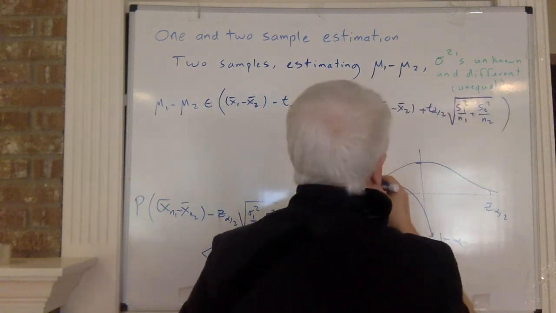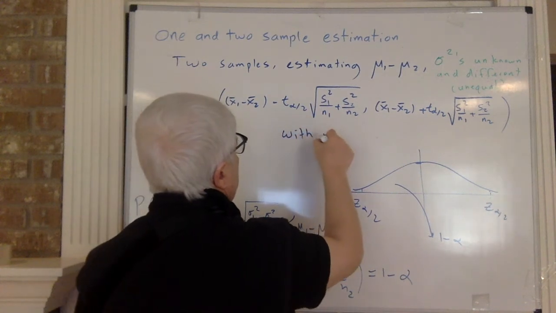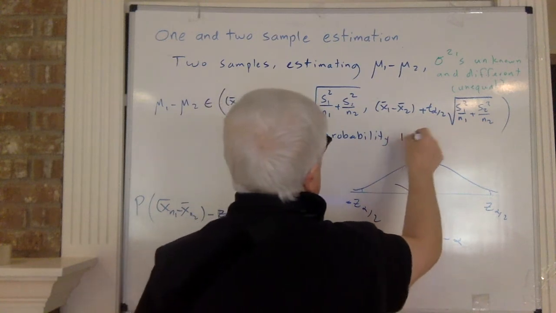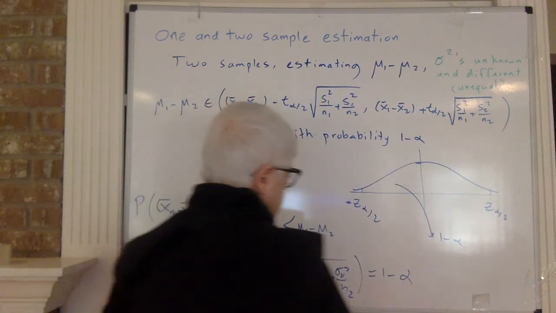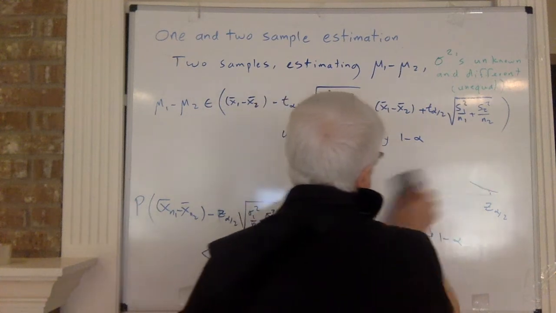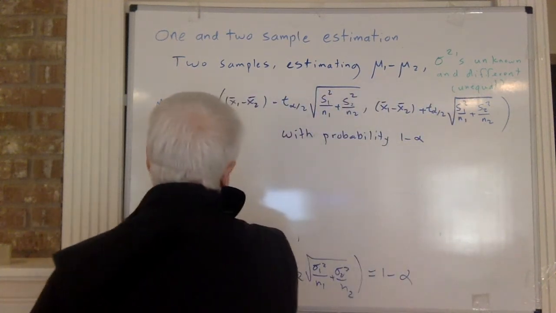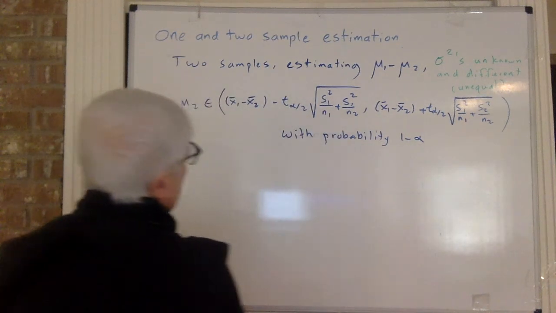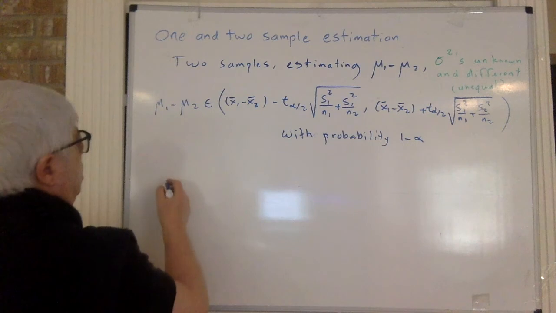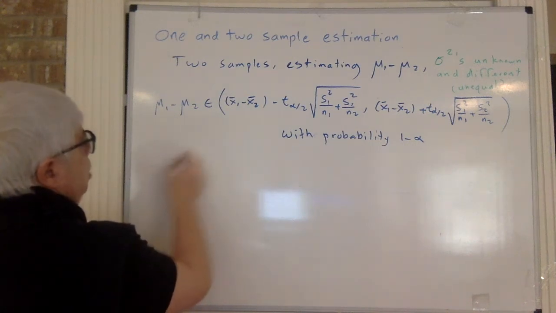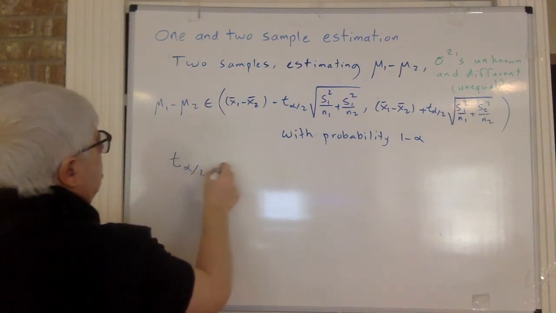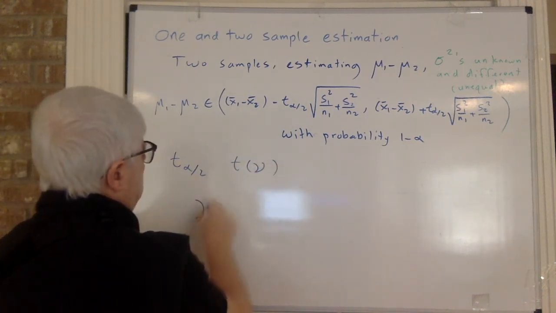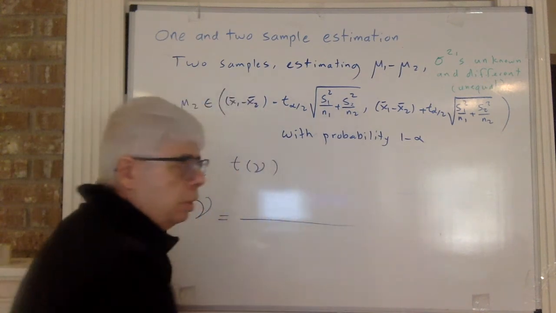So that's the confidence interval. The t alpha over 2 comes from the t distribution with nu degrees of freedom, and this nu is in fact some big expression.